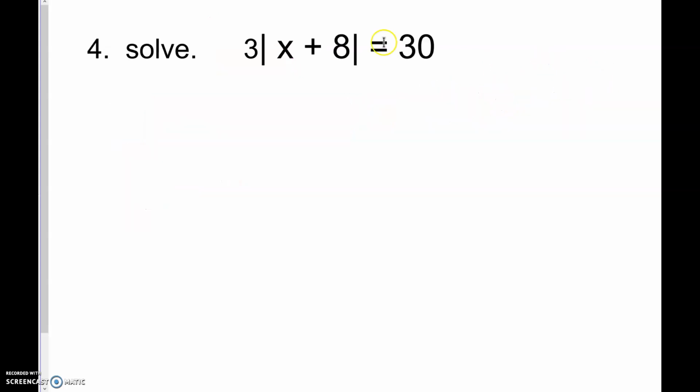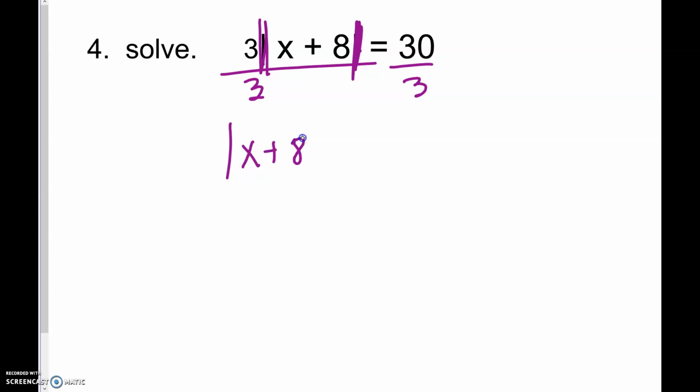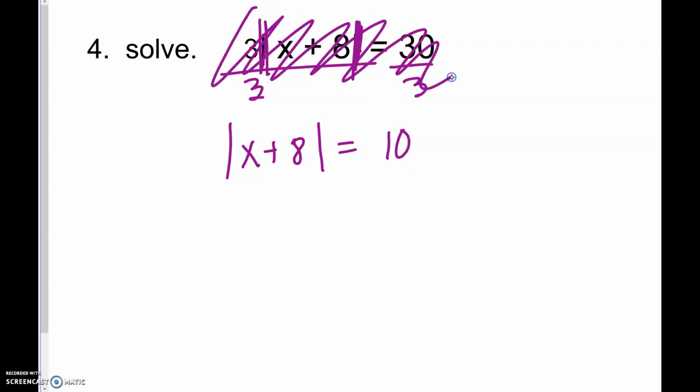All right, absolute value. So we have a number over here that's outside that absolute value. So we need to get rid of that 3 by dividing both sides by 3. So we have the absolute value of x plus 8 equals 10. Now we do not go back to this problem for anything right now, so we can set up x plus 8 equals 10, and x plus 8 equals negative 10.